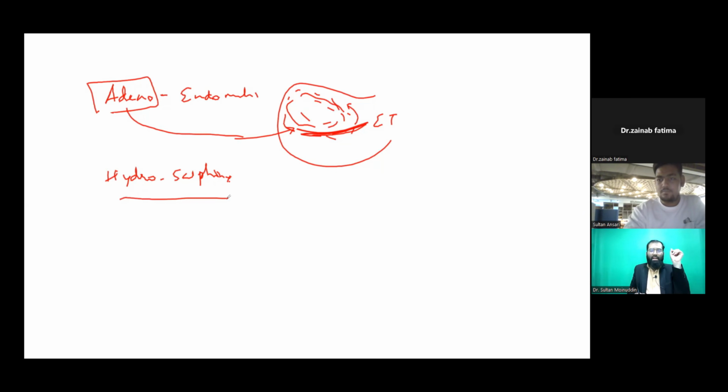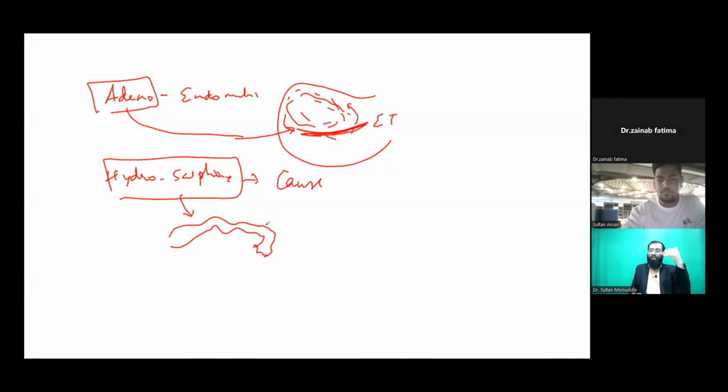Next is hydrosalpinx. There is a question on hydrosalpinx by Fareen. She asks how much time it takes to get resolved. So remember that for hydrosalpinx, you have to find out the cause. Usually in India, the cause of hydrosalpinx is peritubal adhesions, either because of active TB or because of past TB.